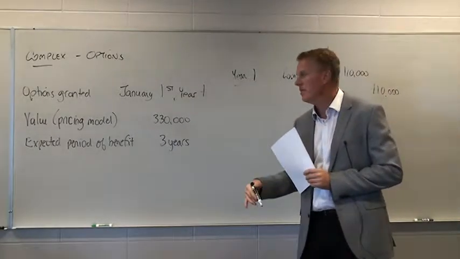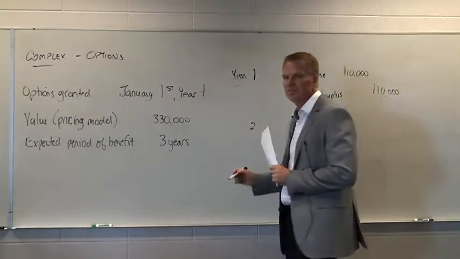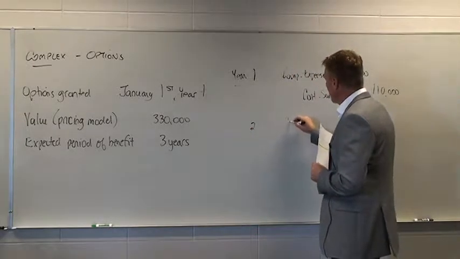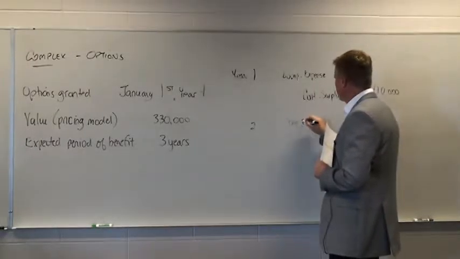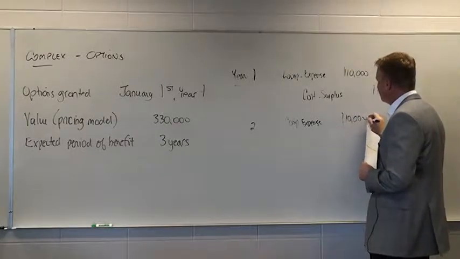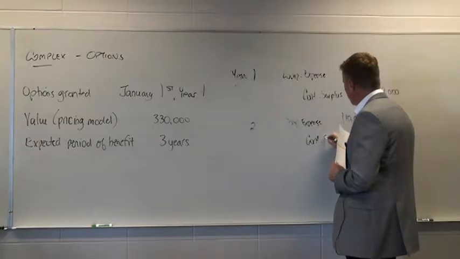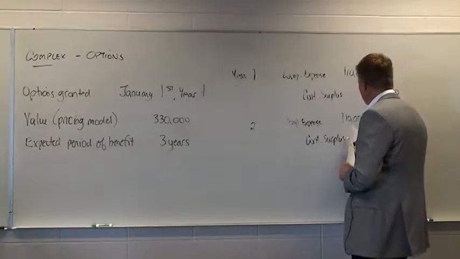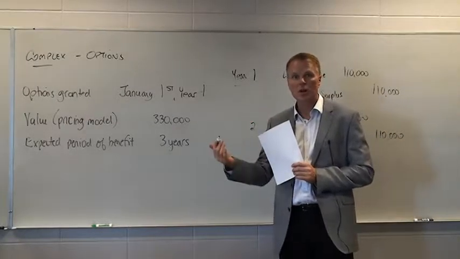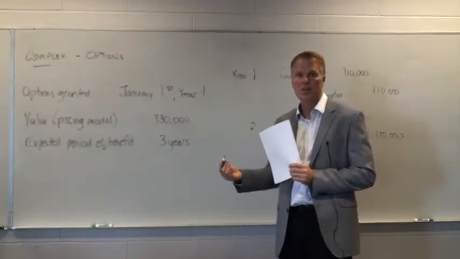Now, what type of entry do we do for year two? The exact same entry. So compensation expense, $110,000. Contributed surplus, $110,000. Now we have $220,000 expense so far.